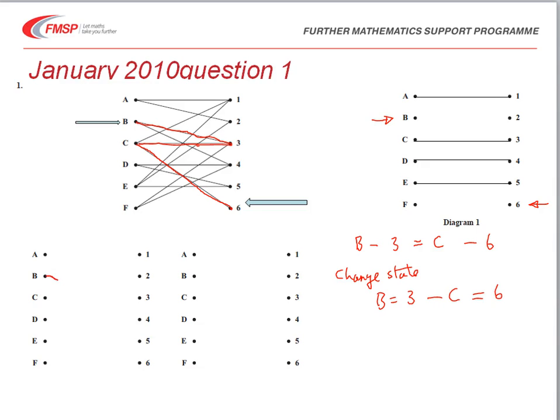B is now allocated to 3 and C is allocated to 6. The other ones won't have changed, so we're using our alternating path, having changed state, to put the first two in. The others will stay as they were in the first diagram, going from A to 1, then D to 4 and E to 5.